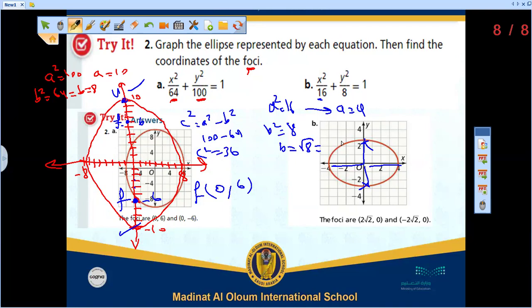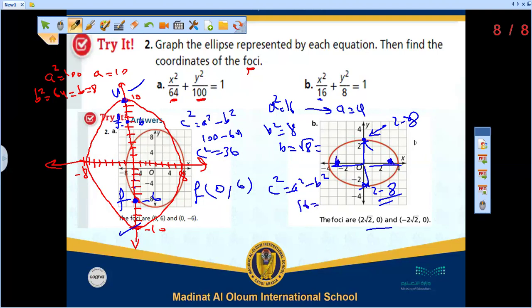Radical 8 equals 2.8, guys. It means my b is 2.8. This one 2.8 and this one 2.8. And you can get the focus also, which is what? c squared equals a squared minus b squared. 16 minus 8, it's also a horizontal one.